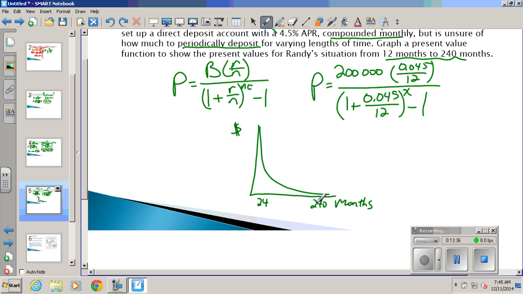This means that as the number of months goes higher, if he's going to sit this in an account for 240 months, he only has to deposit this much right here. If he only wants to put this money in for 24 months, then he's going to have to put in this amount, which is a much higher amount. And that should make sense. If you're going to let it sit in an account longer, then you don't have to put in as much every month.